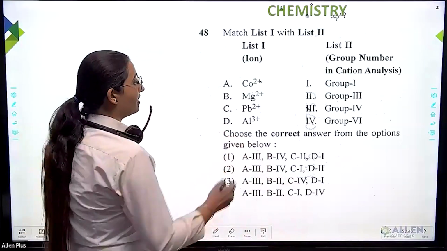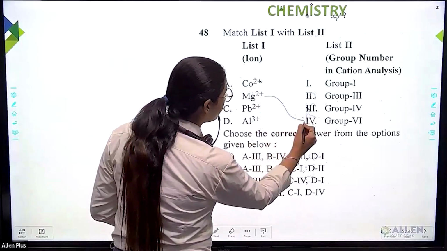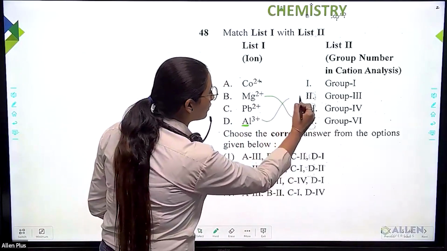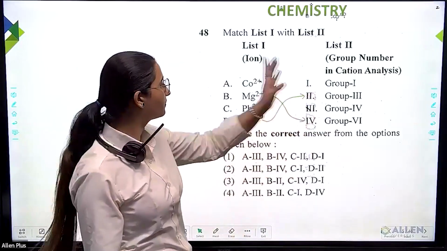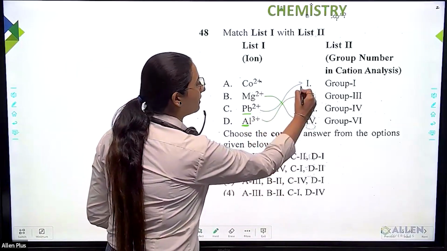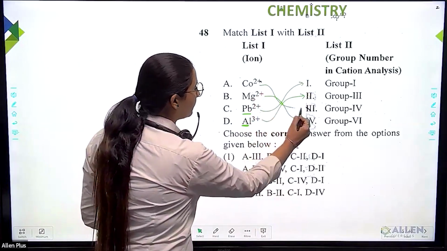Next, okay, it's from inorganic, analysis of cation and anion, right? Simple direct question. I think we all know Mg is present in which group? Group 6, the last group, right? Al is present in what? Group 3. Fe3+, Al3+, Cr3+, group 3, right? Pb2+ is in group 1. Next, cobalt. It's present in group 4.